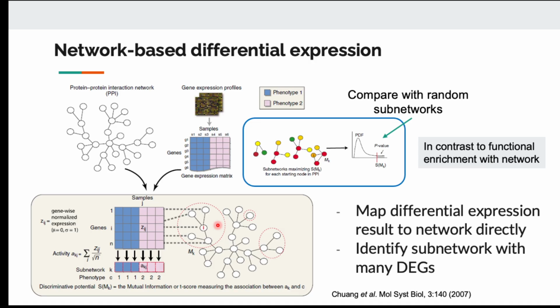This integrates differential expression and functional enrichment using the network data into one step. We identify a differentially expressed subnetwork, a part of the network that is differentially expressed. So we already condition that if you want to call something differentially expressed, it has to have different gene expression, and it also has to form a structure on the network. So we can combine the two techniques together at once.